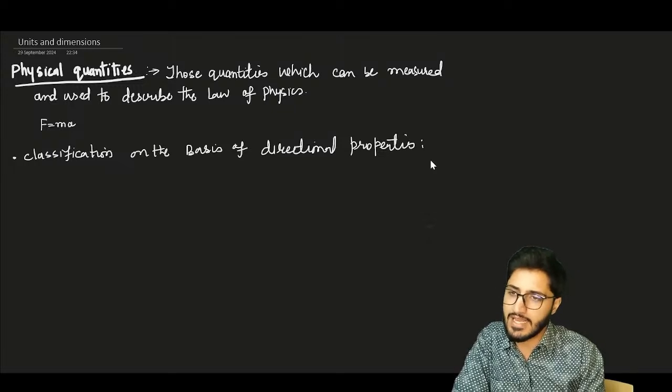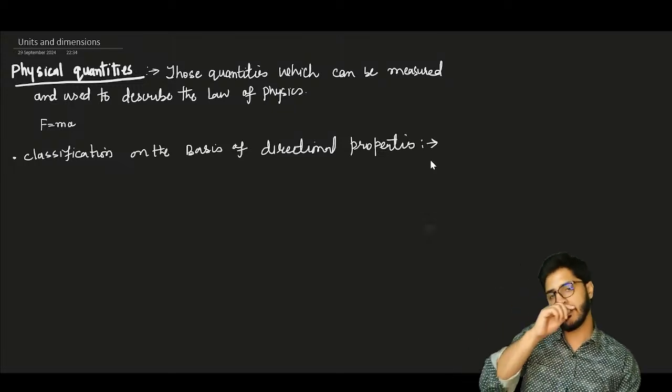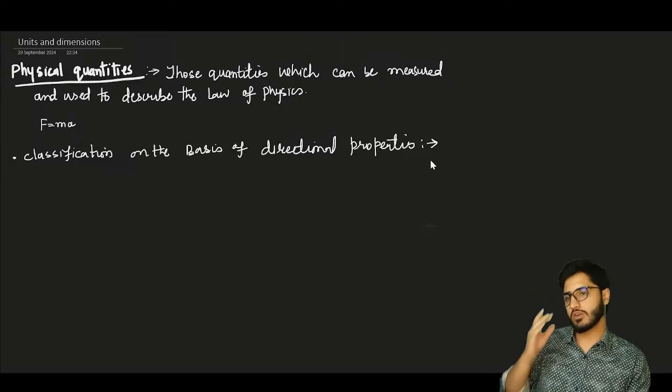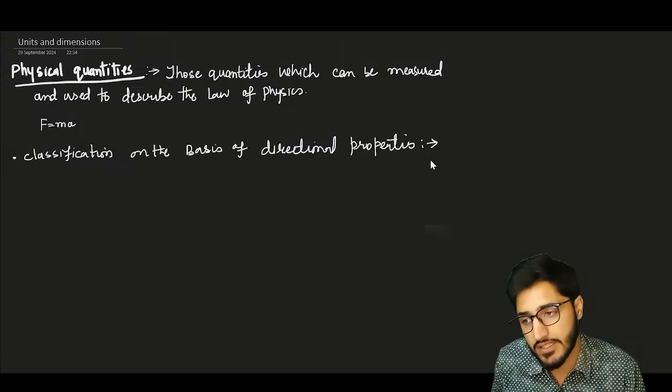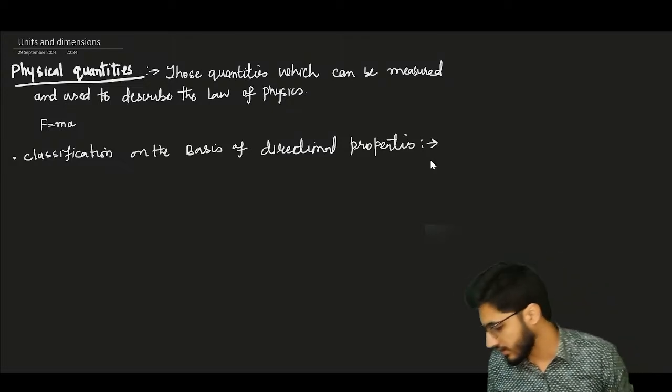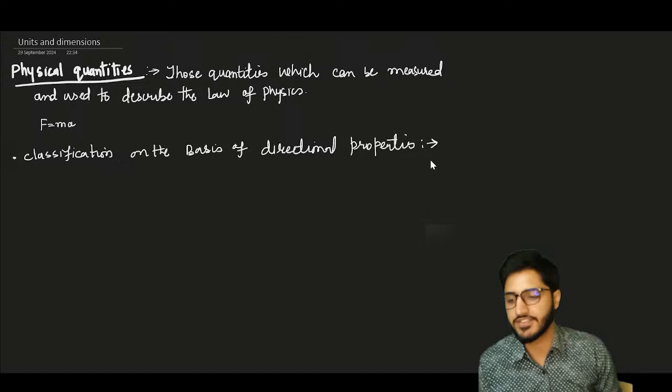That means we are having some quantities in which direction plays an important role, and we are having some other quantities in which there is no meaning of having the direction.